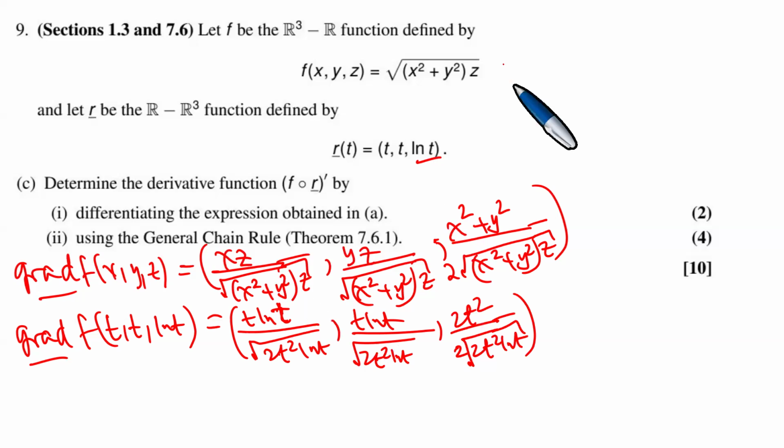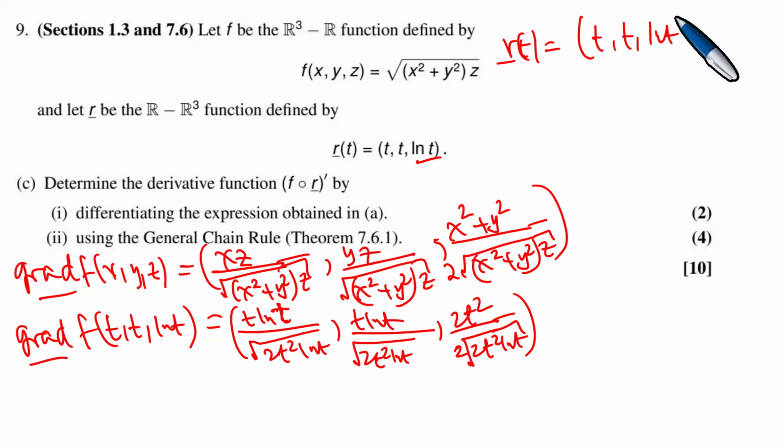Now, the chain rule requires us to find the derivative. Okay, so we continue. Let's write this one: r of t, which is t ln t.